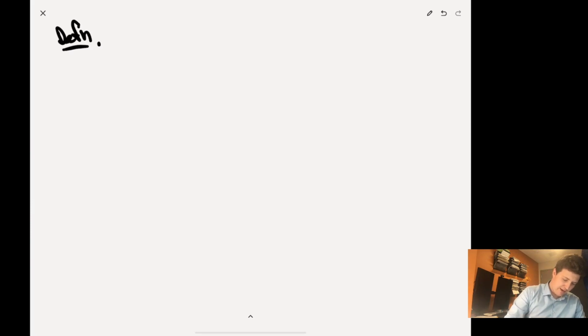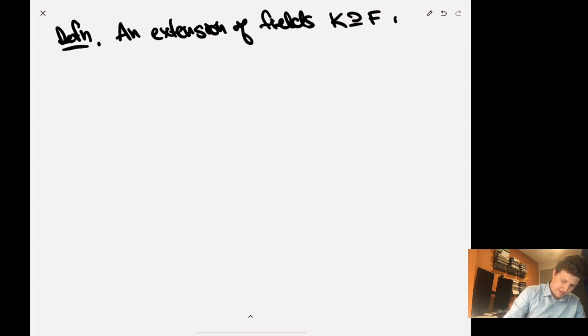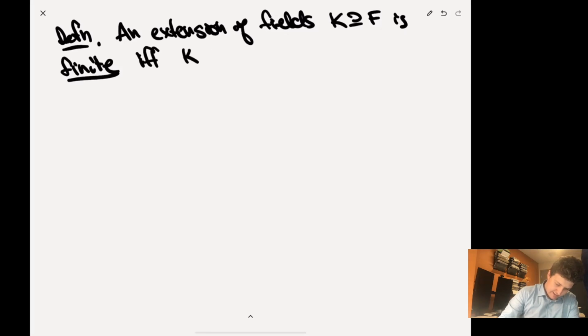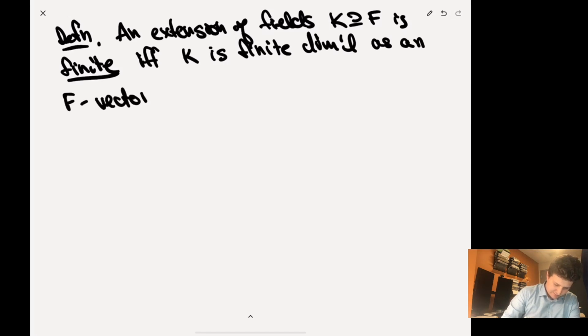An extension of fields K containing F is finite if and only if K is finite dimensional as an F vector space.